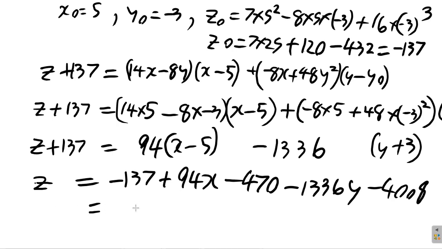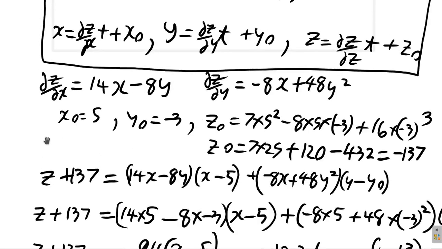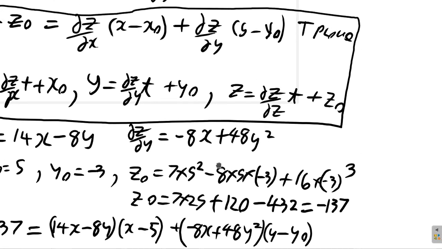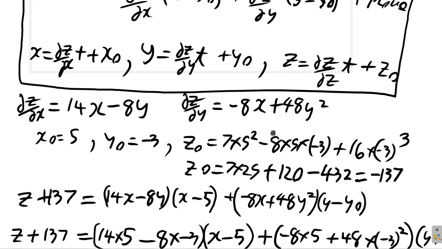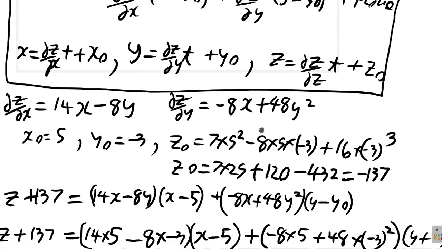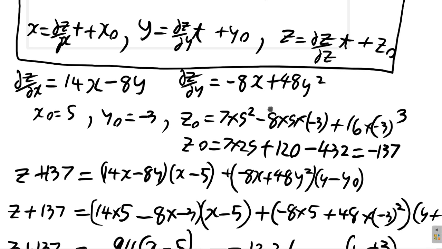So it's equal to, hold on, did I make a mistake? Let me check something here. The 137, let me just recheck. The 137 here, the Z, what is this Z business here?